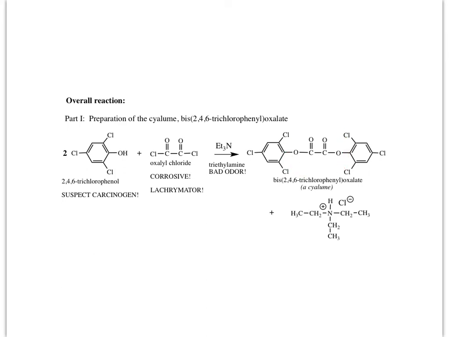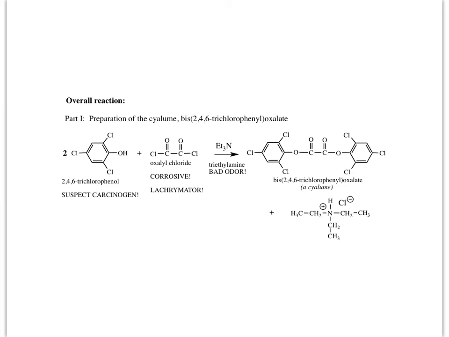And if you remember from naming carboxylic acids in the carboxylic acids chapter, the 2-carbon dicarboxylic acid is oxalic acid. And so this is an ester on both sides of oxalic acid.